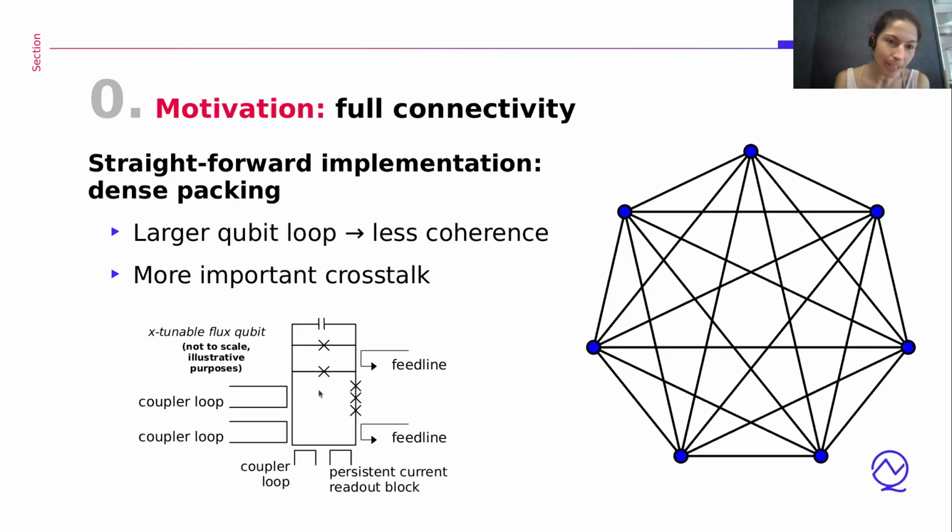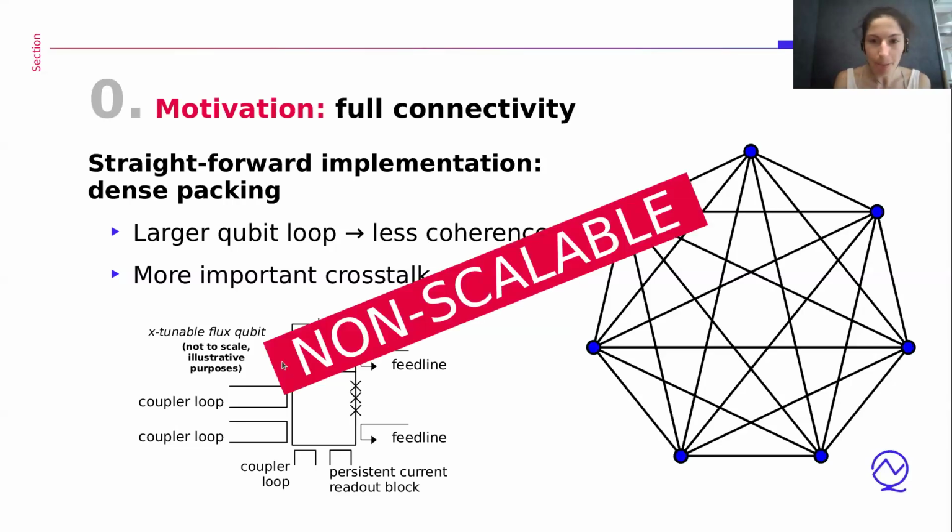And the larger you make it, the more noise you're trapping inside this loop. So larger qubit loops imply less coherence of your qubits. We're going to deem this dense packing approach non-scalable for these reasons.